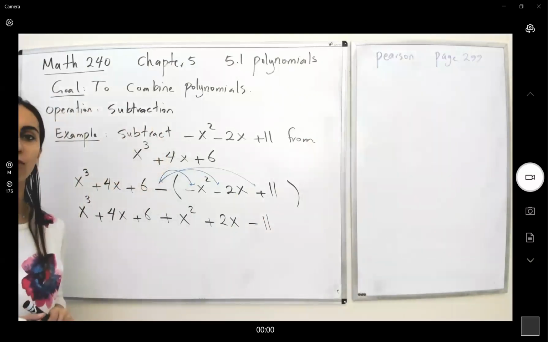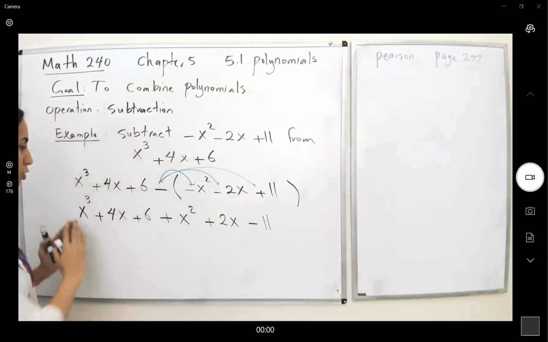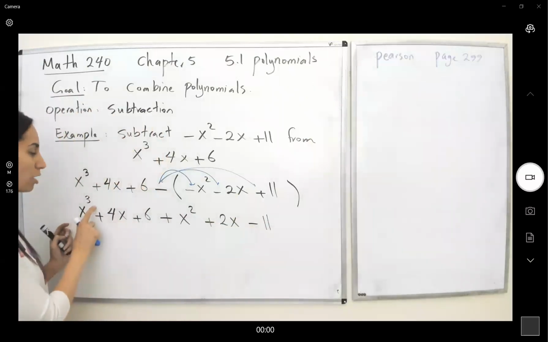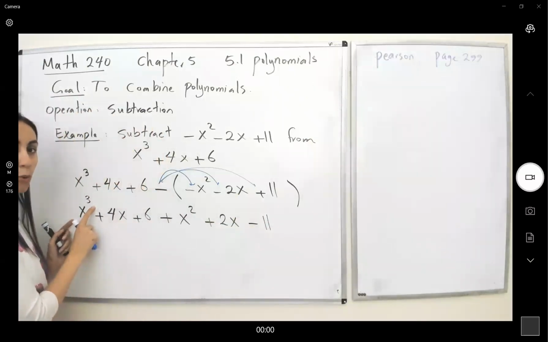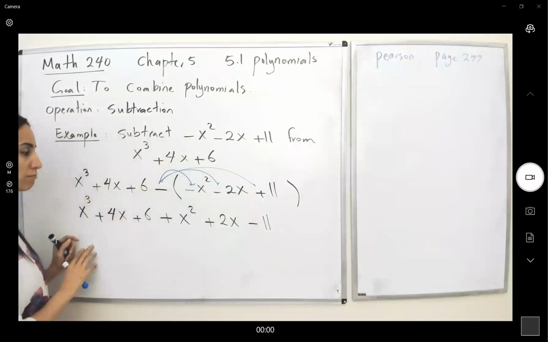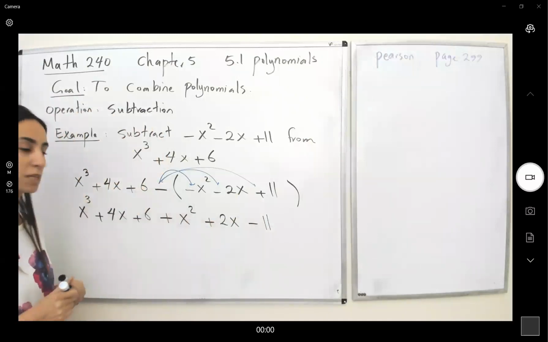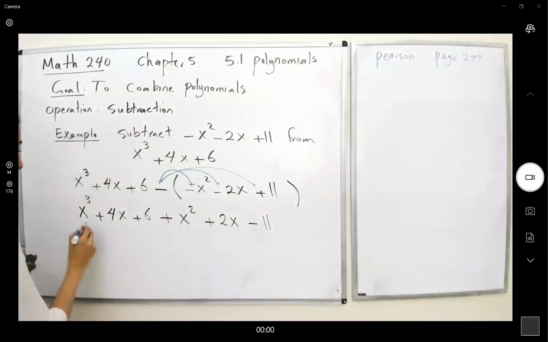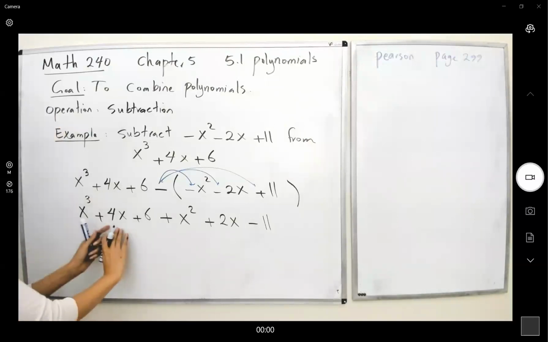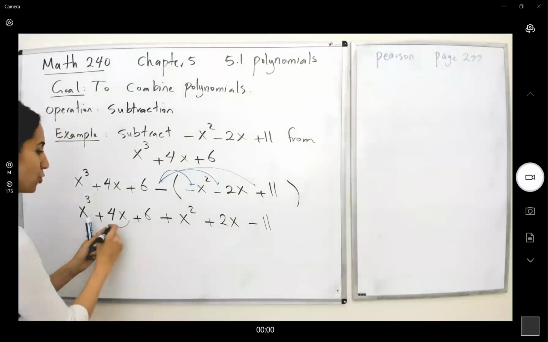Now we're looking for like terms. Do you have any term other than x cubed with degree or exponent 3? I don't see any. So I'm going to copy this term down, x cubed. I have 4x and 2x.